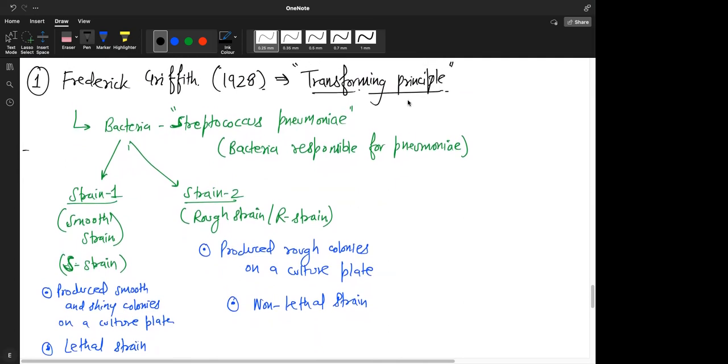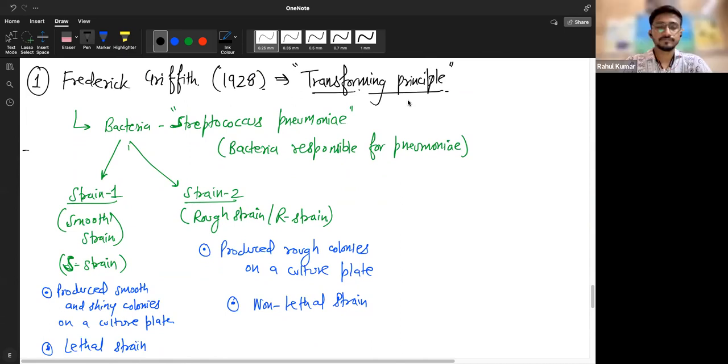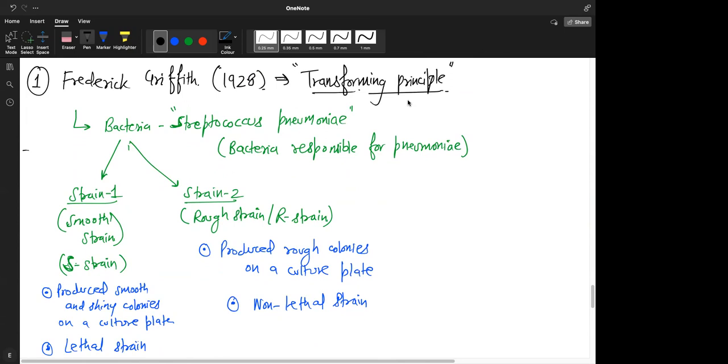He took two strains, smooth strain and rough strain. The smooth strain produces smooth colonies on a culture plate, and they are lethal strains. And strain 2, the rough strain, produces rough colonies on a culture plate and is a non-lethal strain.